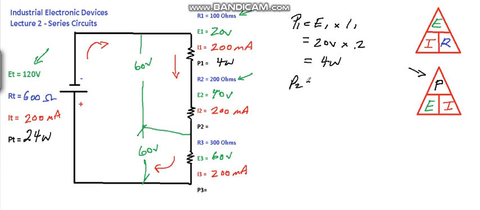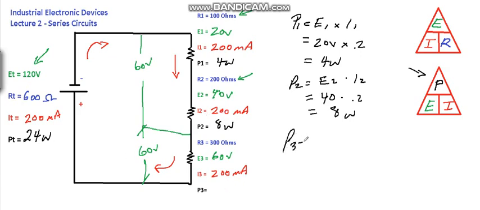Let's do P2. P2 equals E2 times I2. E2 is 40, and I2 is the same, 0.2. That gives me 8 watts. I got 8 here and 4 there, which is 12 watts. And I got a total of 24, so this must be 12. Let's check that.